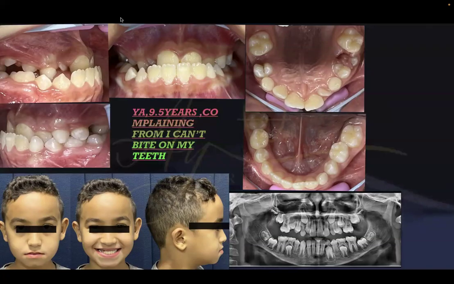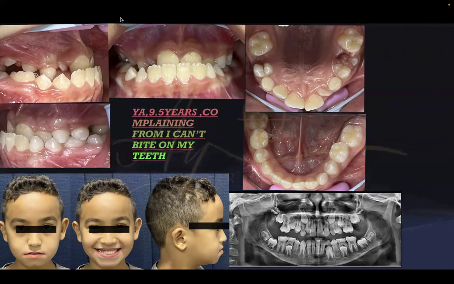The buccal corridor is increased and the upper smile line is reduced, with a decreased incisal show of the upper incisors. The patient has a non-consonant smile because the lower lip line is below the lower incisor region.